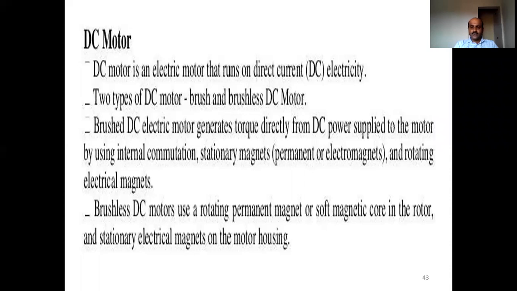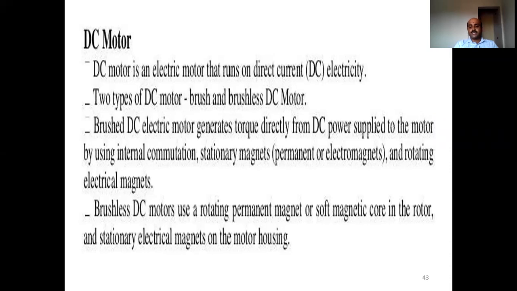So what is the difference between these two? The brushed DC electric motor generates torque directly from the DC power supply to the motor by using internal commutation, stationary magnets and rotating electrical magnets.